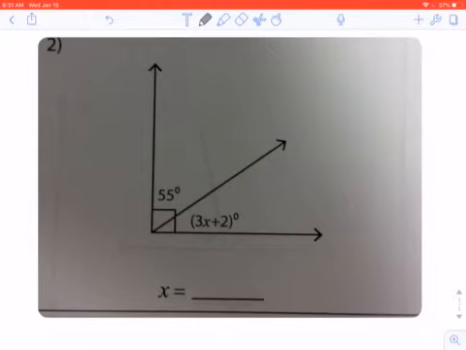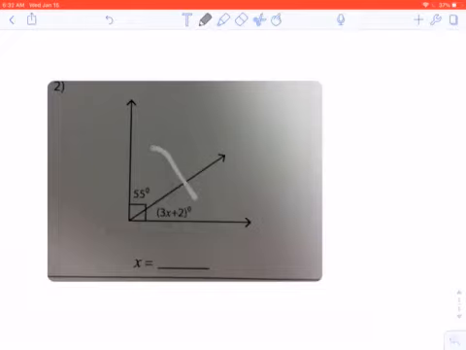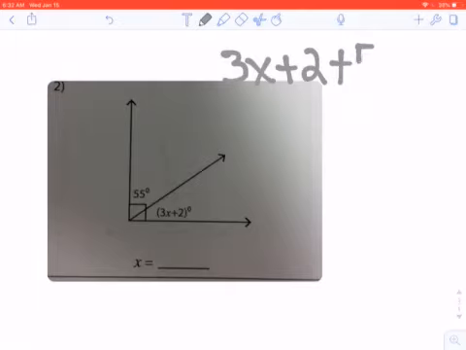So let's look at a trickier one where we have a variable. So we still know that this pair of angles should equal 90 degrees. So we're going to write an equation, and our equation is going to be 3x plus 2 plus 55 equals 90, and then we're going to solve this.